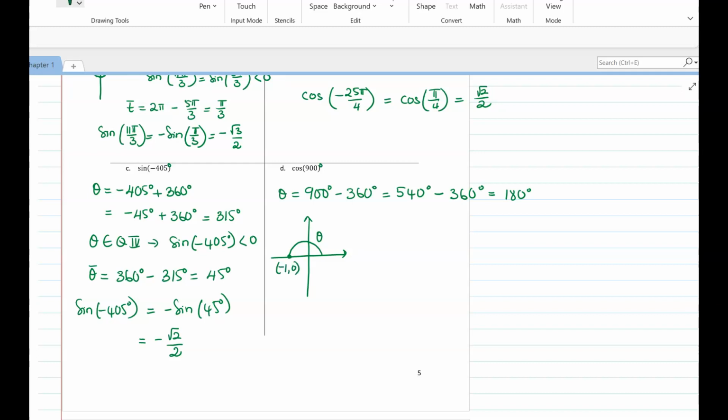If you look at the unit circle, that is negative 1, 0. Since we define the value of cosine as x, this tells us that cosine of 900 degrees is equal to cosine of 180 degrees, equal to negative 1.